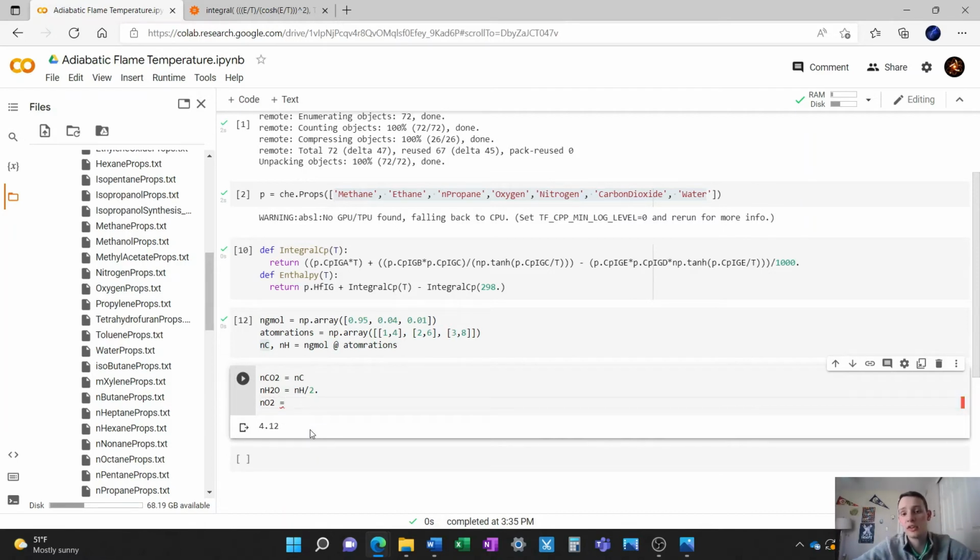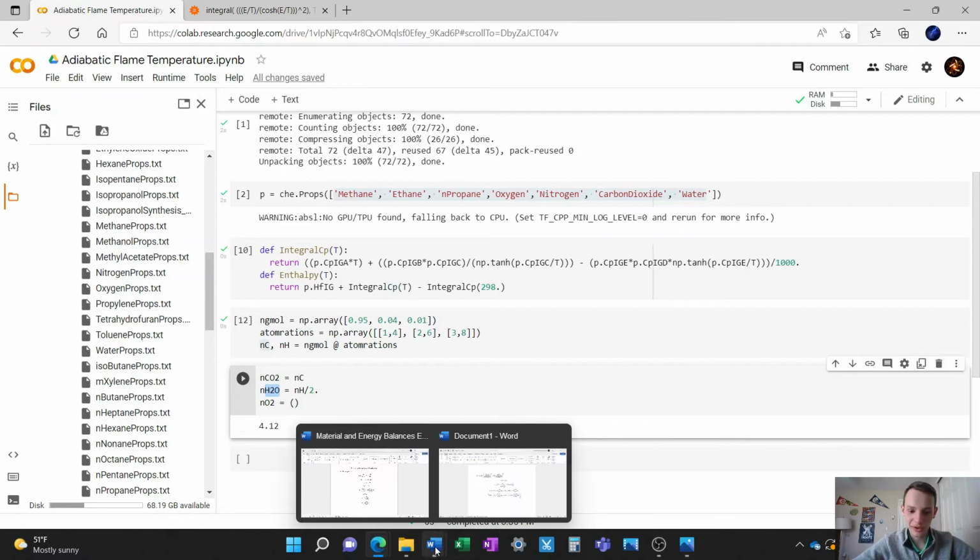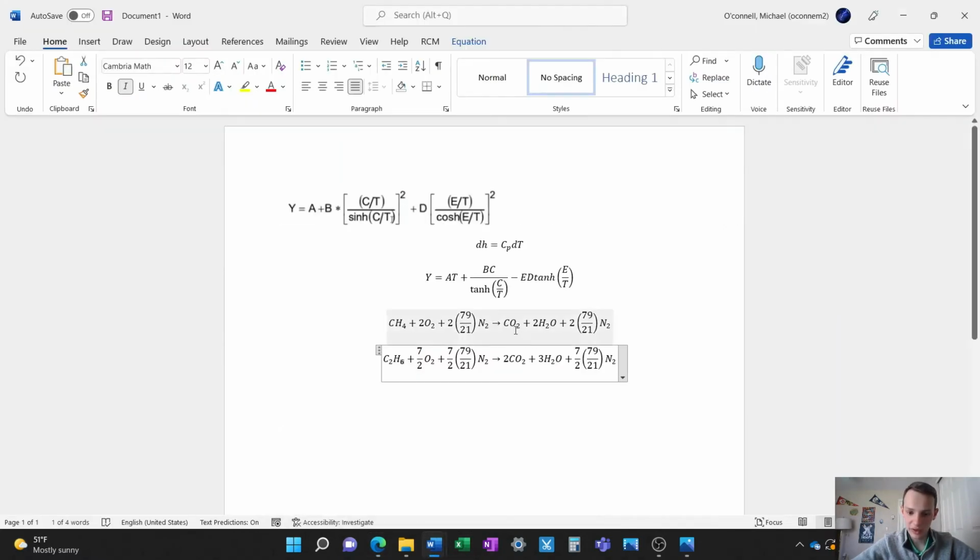I want to do oxygen first because we have that 79/21 ratio of nitrogen to oxygen, so the nitrogen is going to relate to the amount of oxygen we have. This is going to depend on the number of moles of water and carbon dioxide that are produced, which I am going to attempt to show you here.